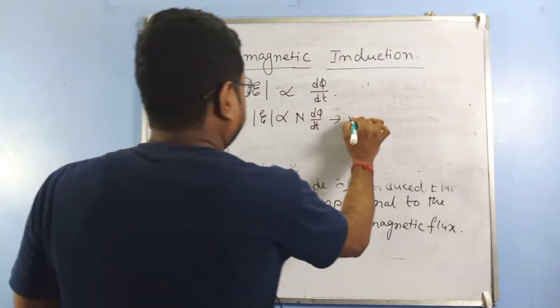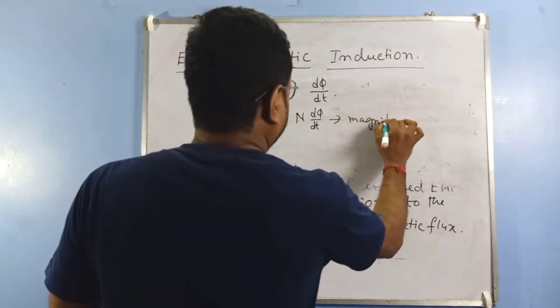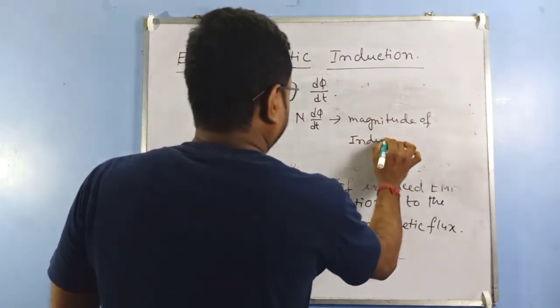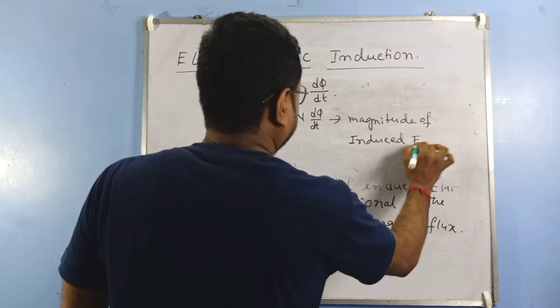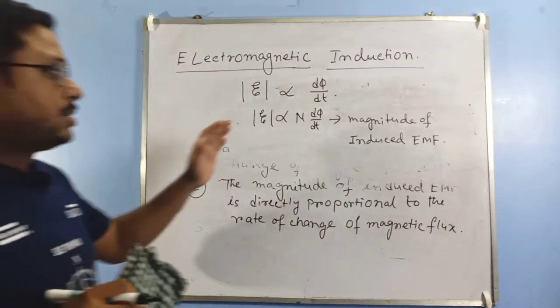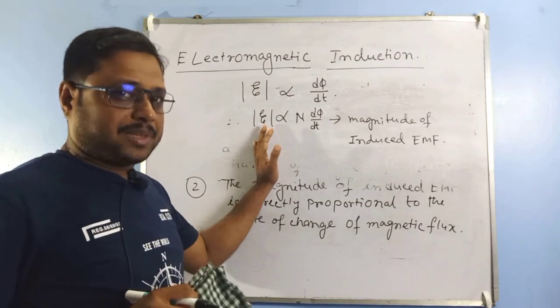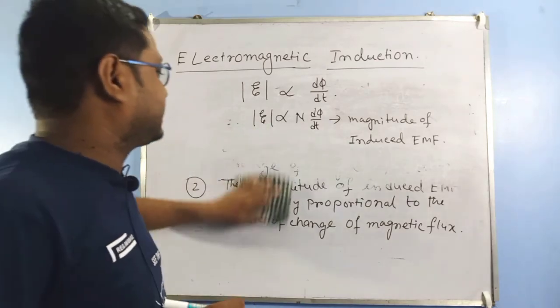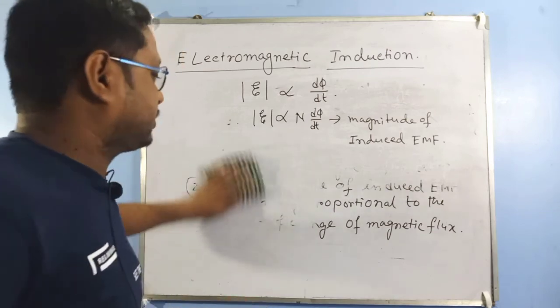Here we only get the magnitude of induced EMF, but EMF is a vector quantity. Then what can be its direction? The direction we can find from Lenz's law, which we can discuss in later videos.